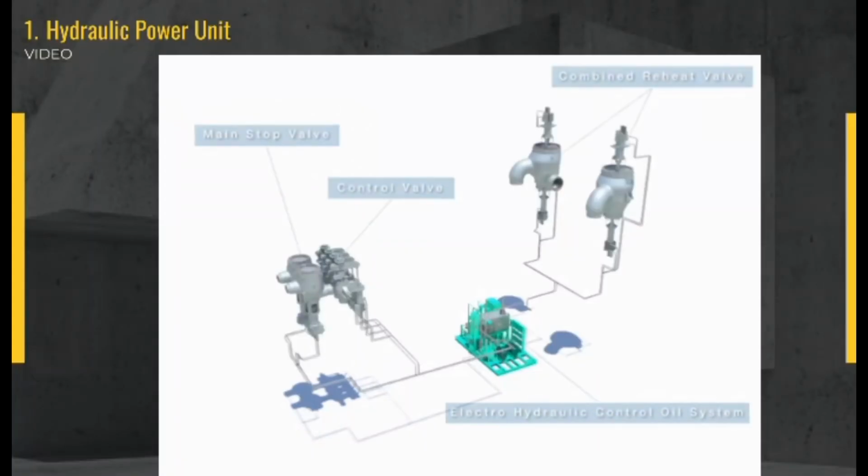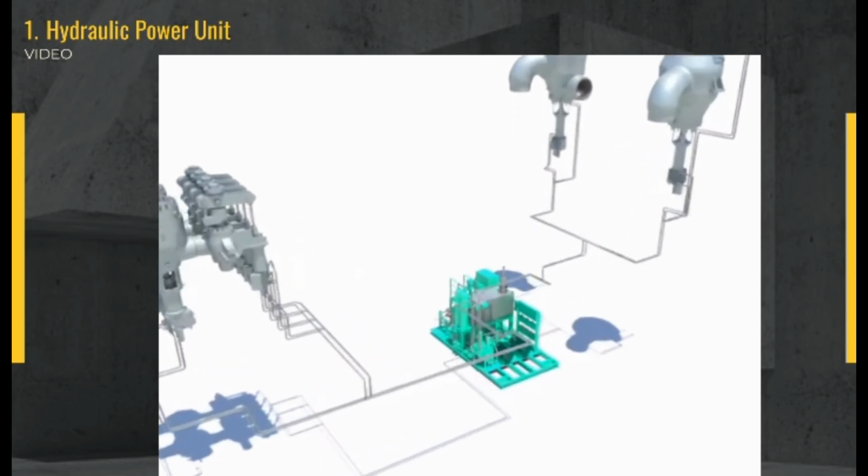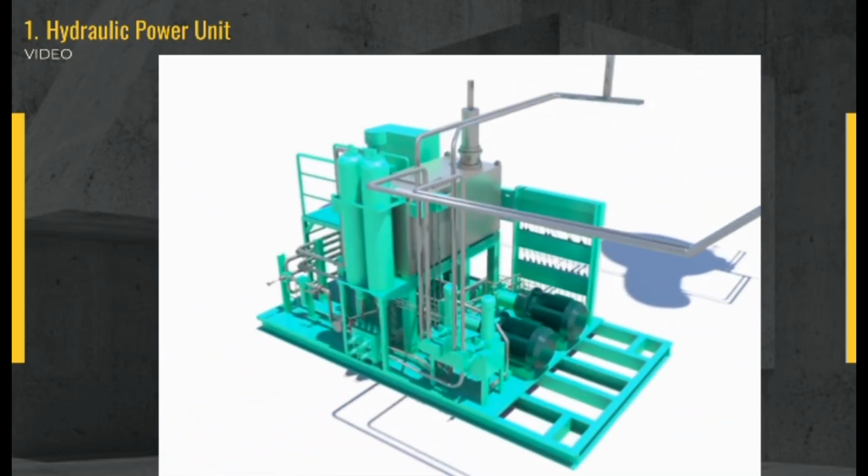The hydraulic power unit is used by connecting with the electro-hydraulic control in order to control the turbine operation.